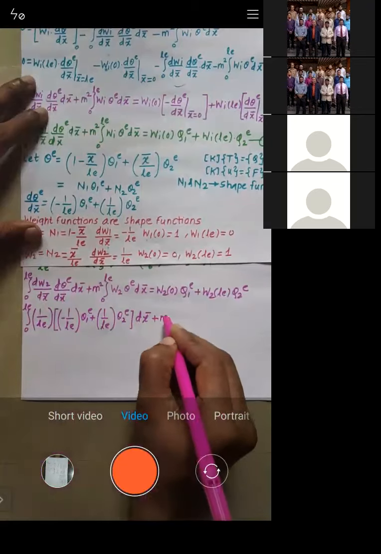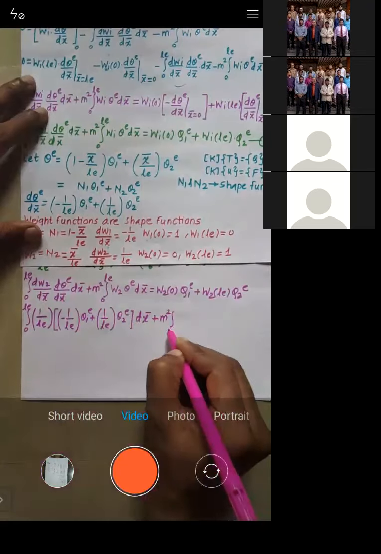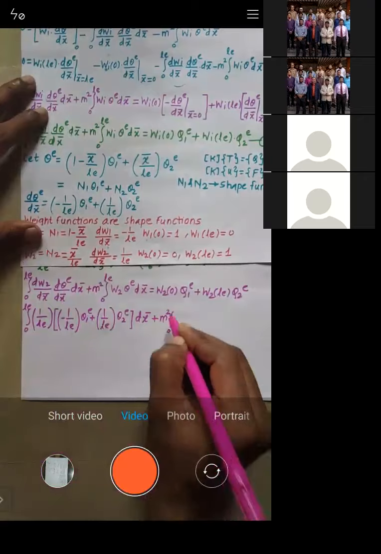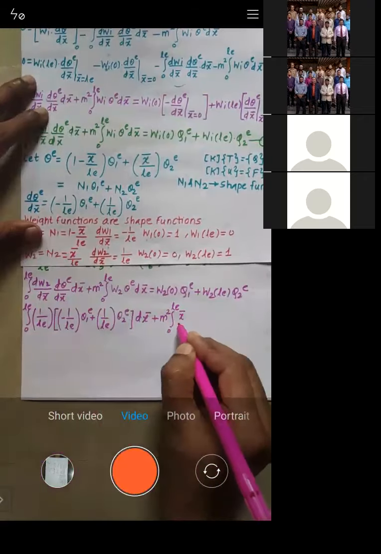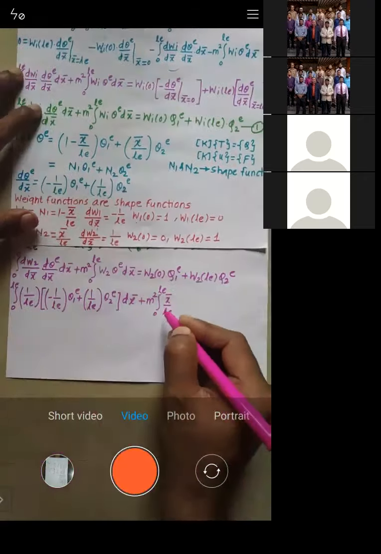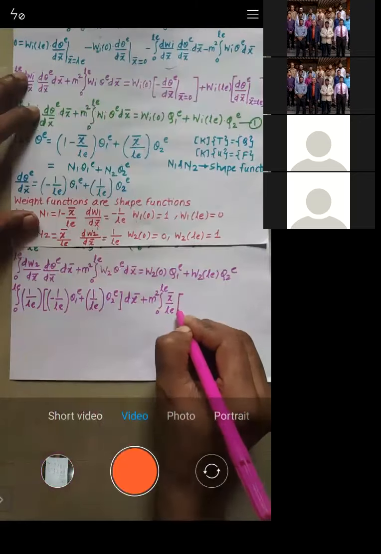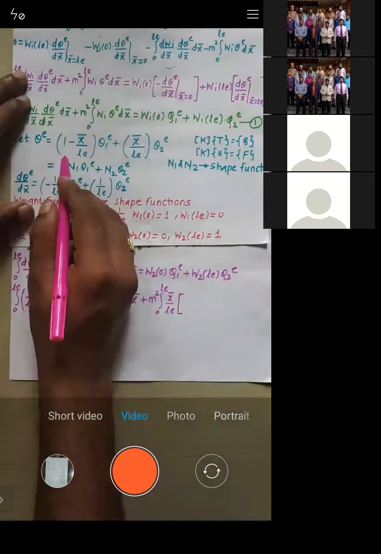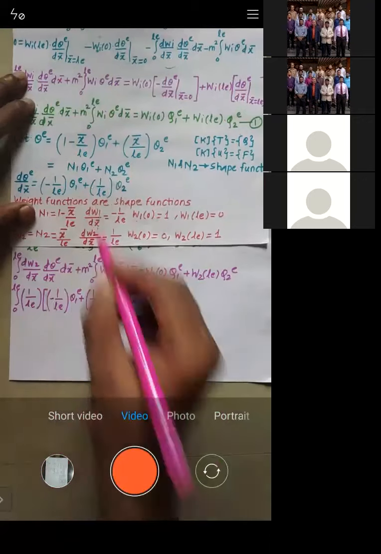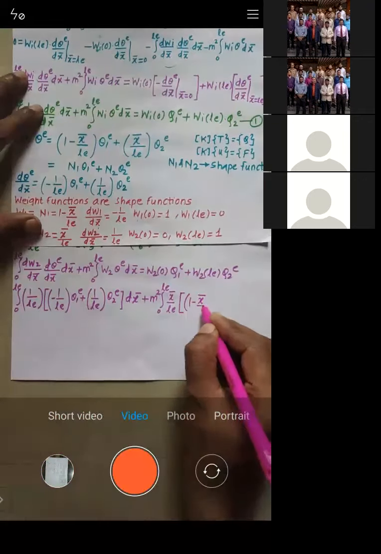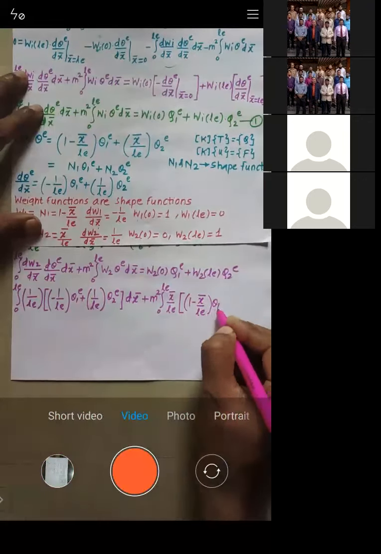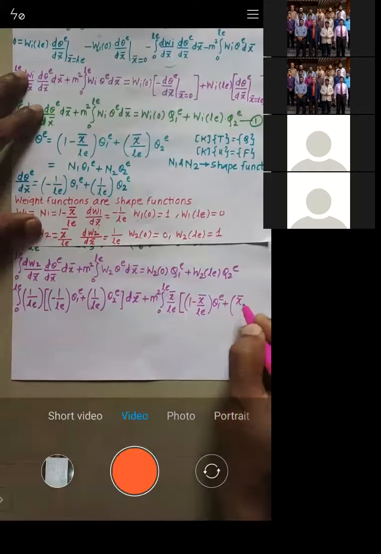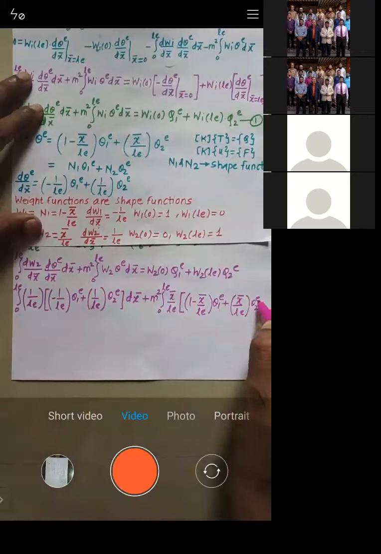Plus M square 0 to LE, W2 is x bar by LE, into theta E. So theta E is 1 minus x bar by LE theta 1E plus x bar by LE theta 2E, dx bar.